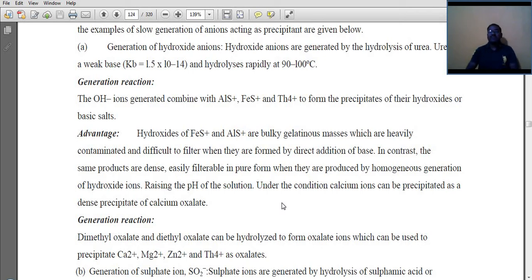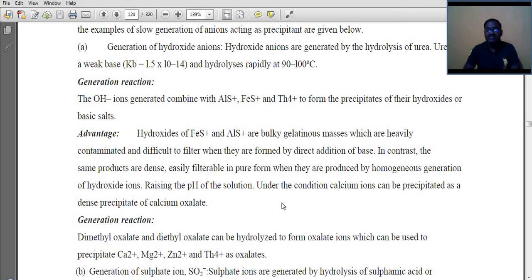The hydroxides of Fe3+ and Al3+ are bulky gelatinous masses which are heavily contaminated and difficult to filter when they are formed by direct addition of base.